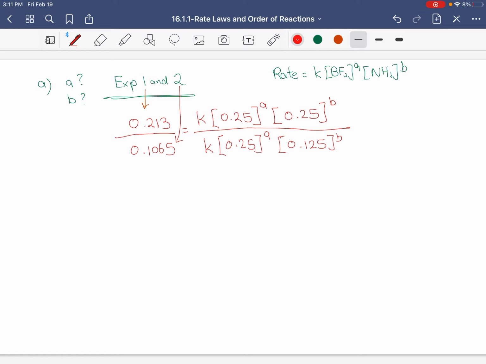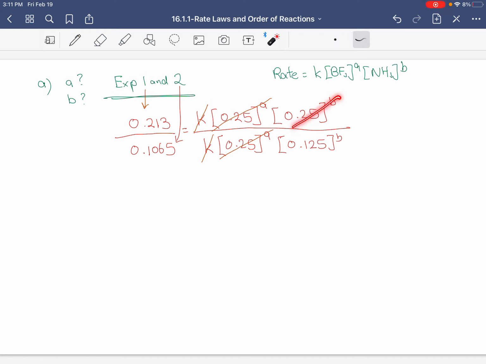Now, this is really one dividing the other, so that K should be crossed out. They're going to be the same number. 0.25 to the power of A should also be crossed out because these are going to be the same number and they're going to be 1.